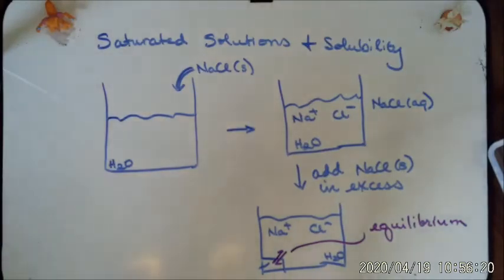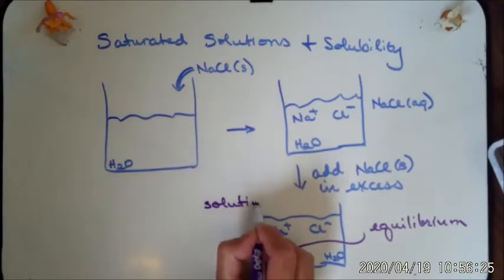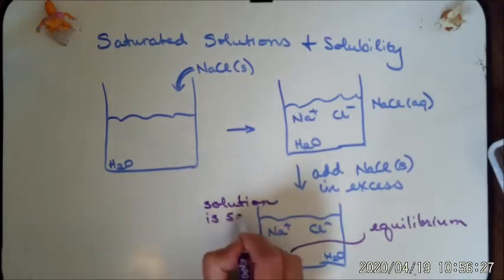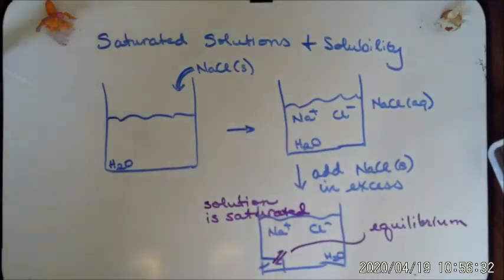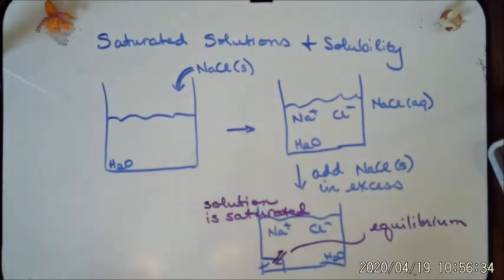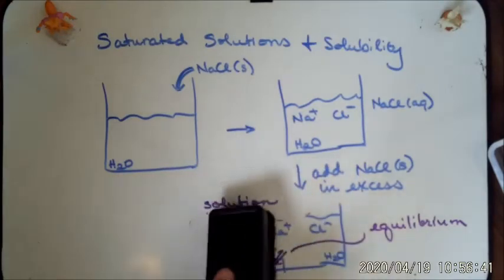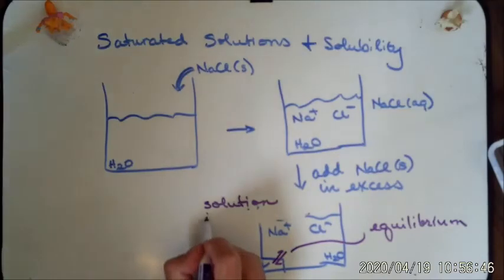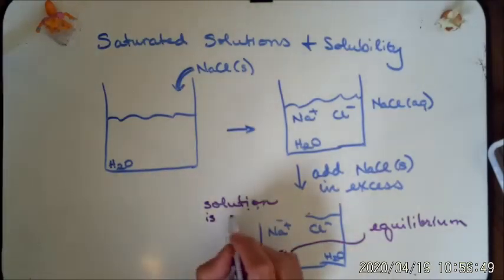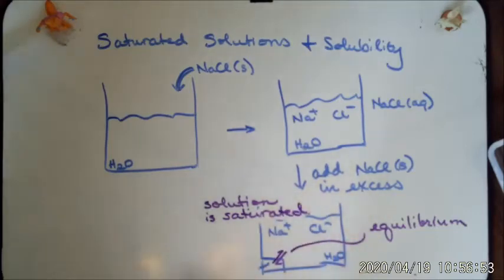We say that this solution is saturated. So there are a couple of things that happen. You can say, oh, I can't learn anymore, my brain is saturated. What does that mean if you say that? When you say your brain is saturated, it's full and it can't hold anymore.